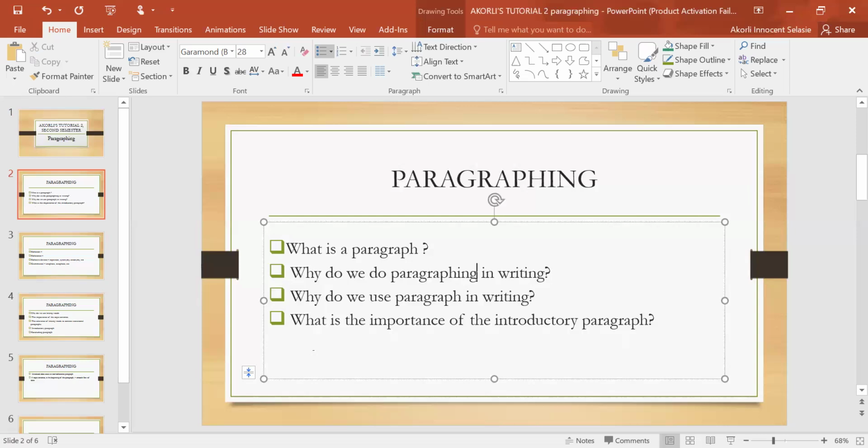If it is an official letter, you use the concluding paragraph to restate your point and to express the hope that your request will be met. If you're a debater, you use the last paragraph to restate your stance and to invite your audience to vote for you, that is, to stand with you or to support you.